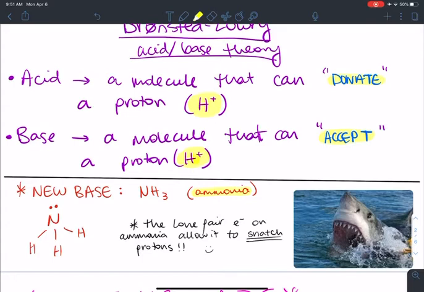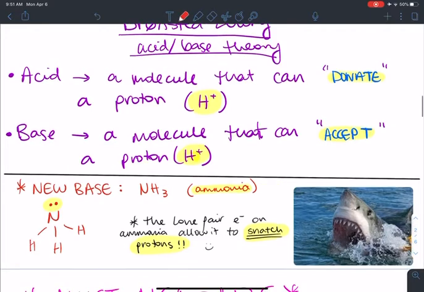Here's the Lewis structure for ammonia. You'll see that it has, very importantly, this lone pair of electrons. And that lone pair of electrons on the nitrogen in ammonia allows it to snatch protons, just like the shark is going to do with the food that's right here. Imagine there's a cute little fish here.